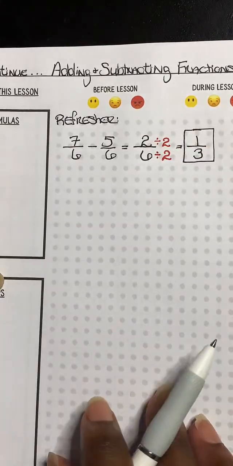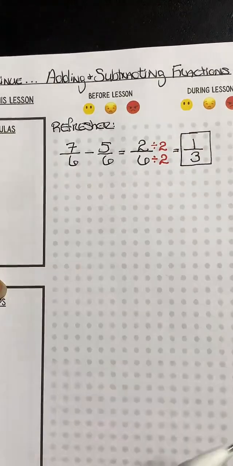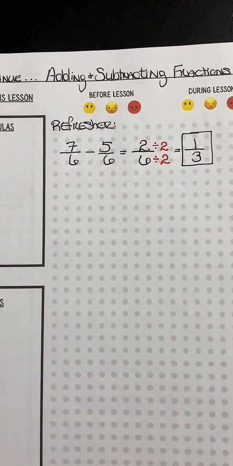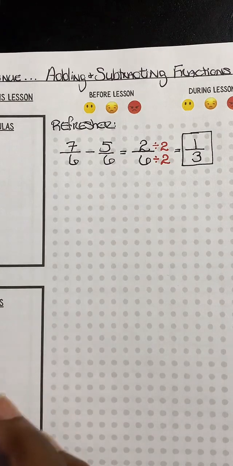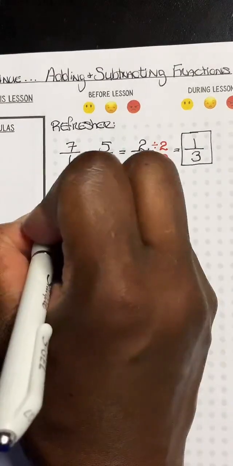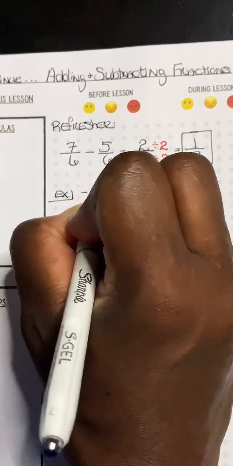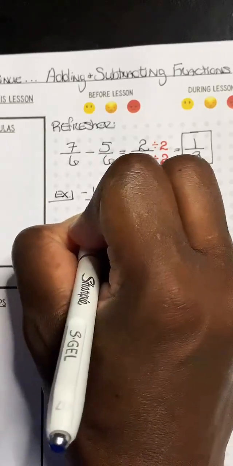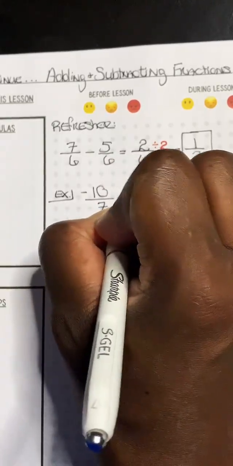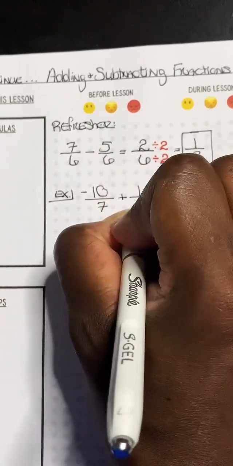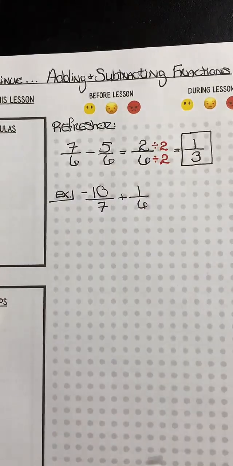So we're always looking to have a common denominator. So in order for us to basically get, let's say we have this other example. So say we had negative 10/7 plus 1/6. Right?